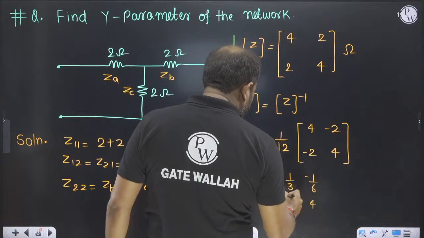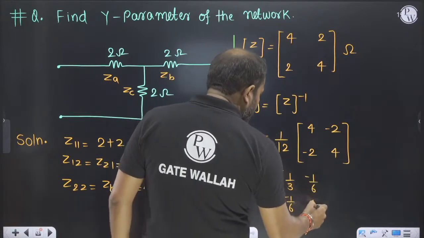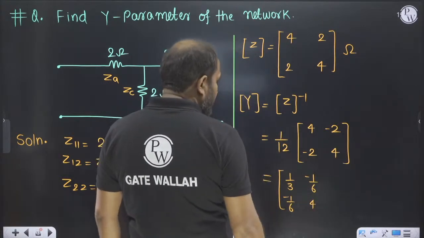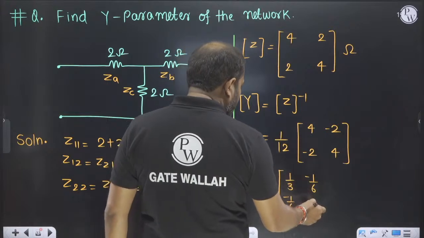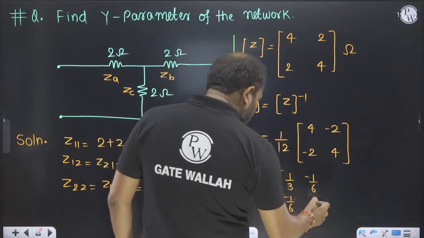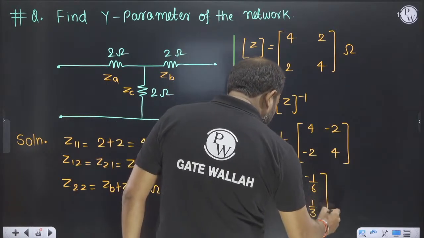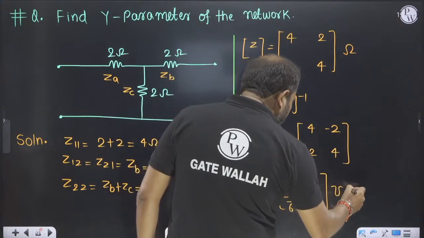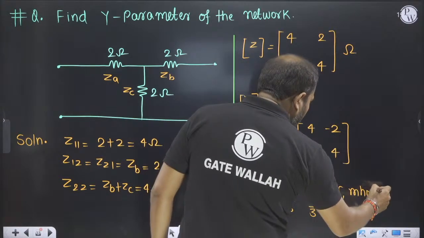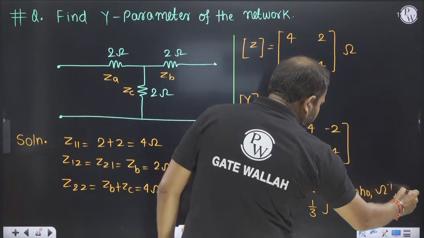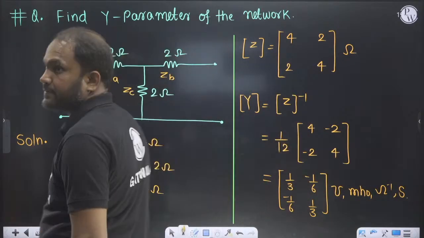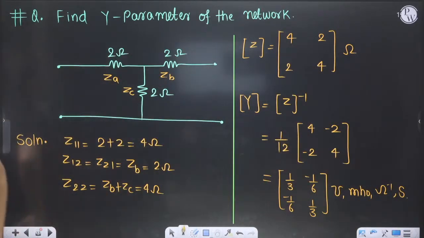So it will be 1 by 3, minus 1 by 6, minus 1 by 6, and 1 by 3. And its unit is per ohm, mho, or Siemens. So this is the Y parameter which we have studied. It is very easy.